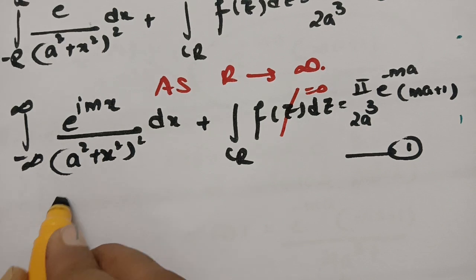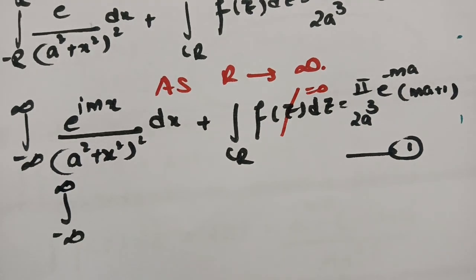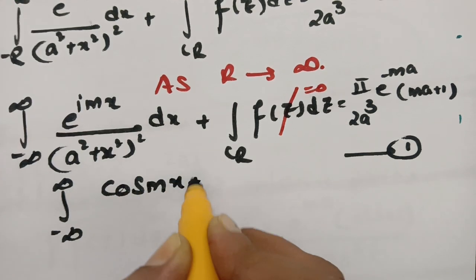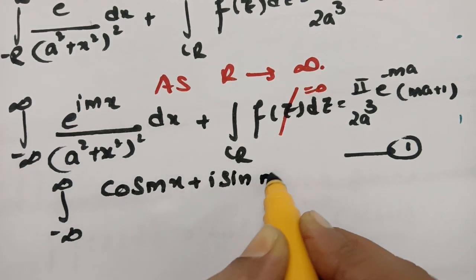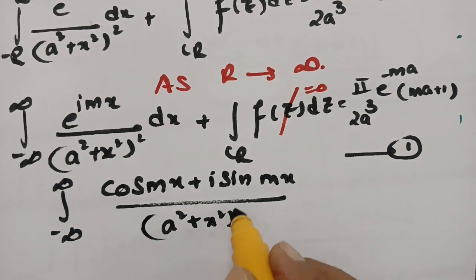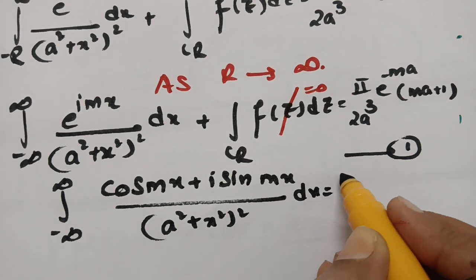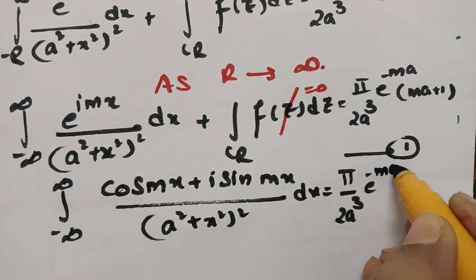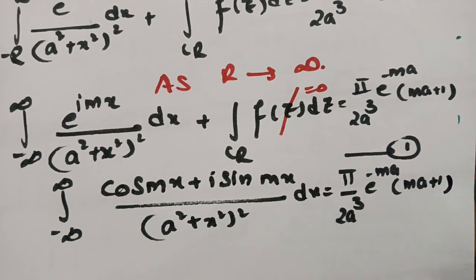So clearly this will be the integral from minus infinity to plus infinity of cos mx plus i sin mx by (a square plus x square) whole square dx, which is nothing but pi by 2a cube into e power minus ma into (ma plus 1).